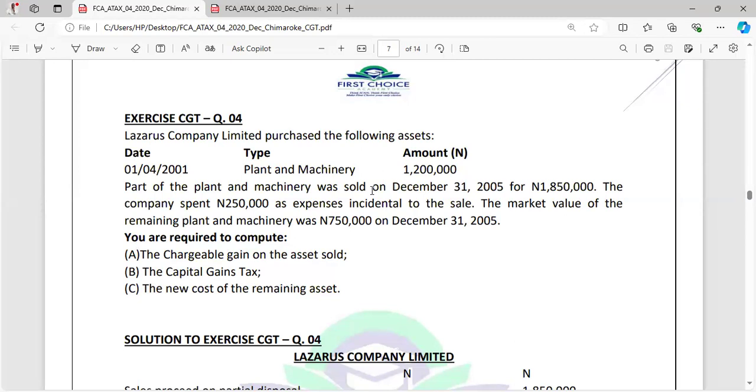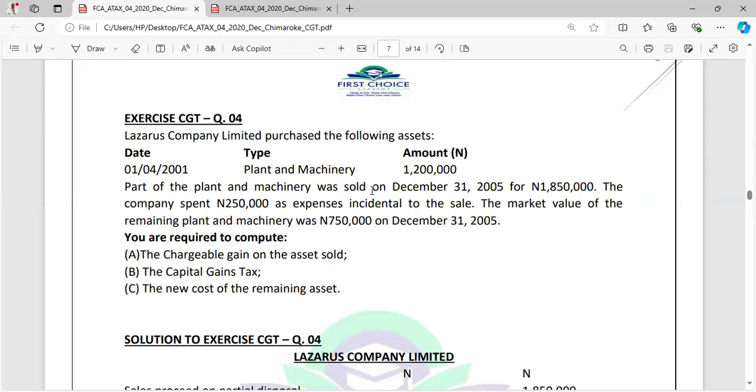So when it sold for 1,850,000, it needs to remove that 250,000, because it incurred expenses before it acquired that 1,850,000 as cash for disposal.